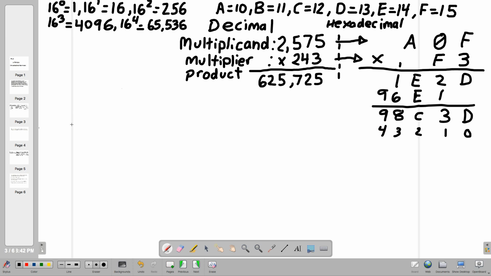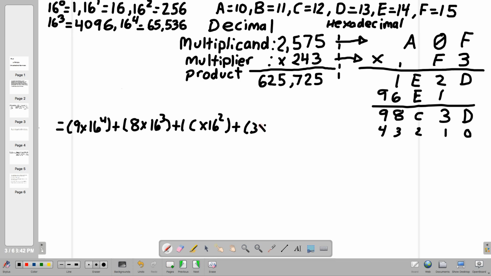So when we compute out here, we have 9 times 16 to the 4th power, plus 8 times 16 to the 3rd power, plus C times 16 to the 2nd power, plus 3 times 16 to the 1st power, plus D times 16 to the 0th power.